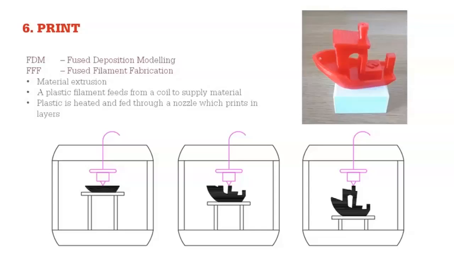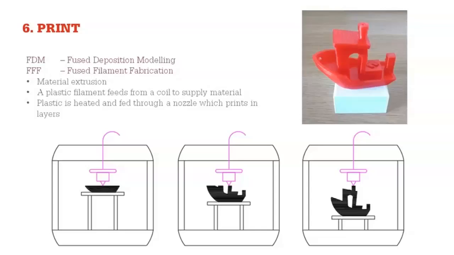So on the right there, top right corner, we've got a little boat that has been printed out using the FFF printing process. As I mentioned, thermoplastic plastics or thermoplastic polymers is one of the things we can print out. So this one's printed out in PLA, which is polylactic acid. It feeds from a plastic coil, like the one we saw in the black foil last screen before.